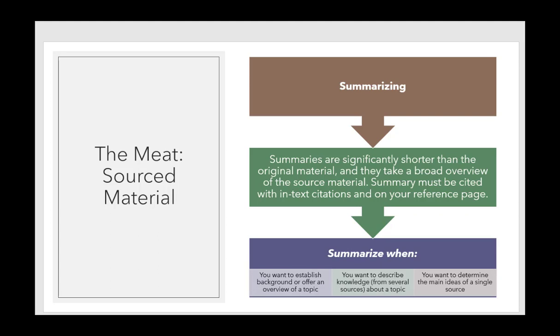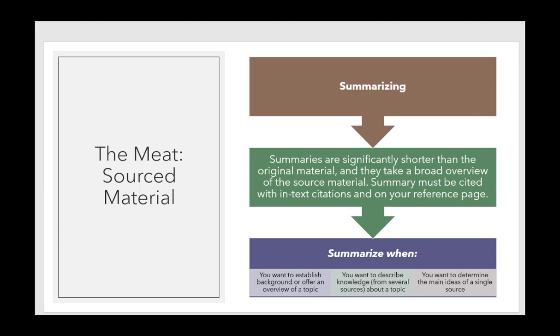Now, more often than not, the summary is usually provided for background information, to demonstrate facts, or to just provide a context, right, for what you're about to discuss in that particular body paragraph, or for that matter, for the entire essay, depending on how you are using summary.